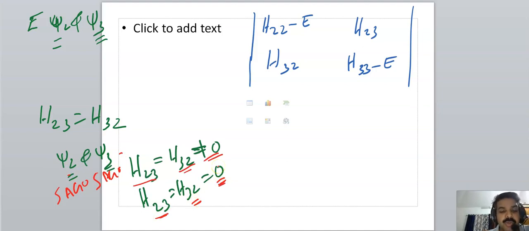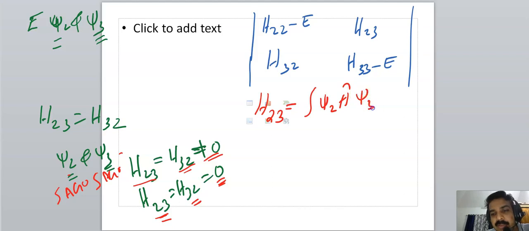So I am calculating H23. What is H23? Integral psi 2 H cap psi 3 d tau.